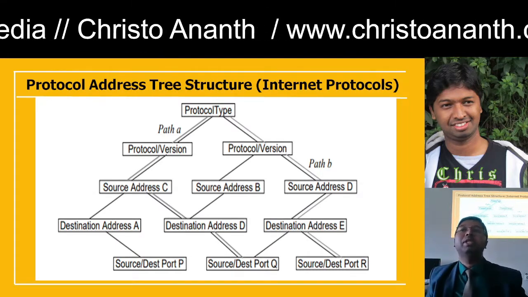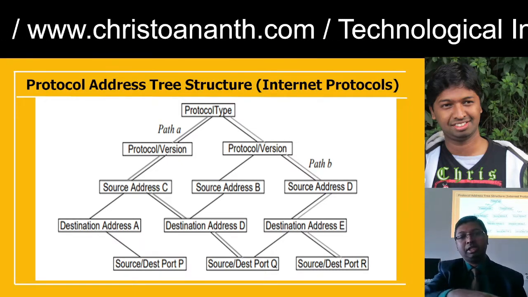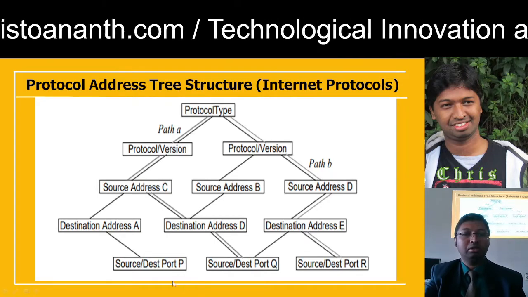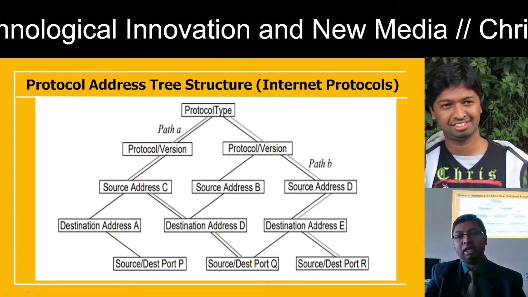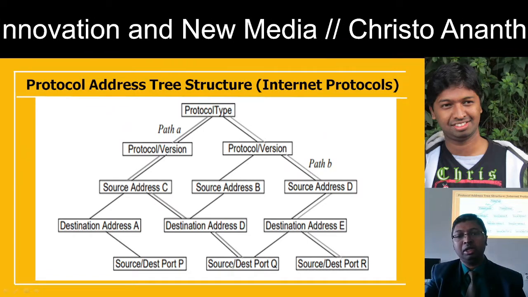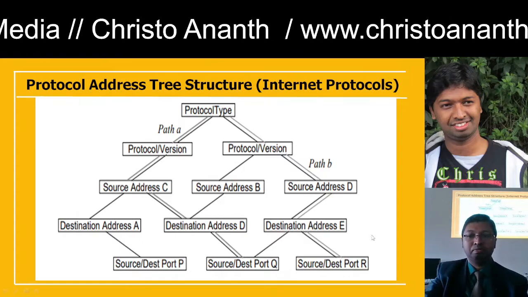You can go with either path, but they are interconnected, and of course from the destination address it will go only to the source destination port. Destination address E from the path B will be interconnecting with the source destination port Q as well as R.